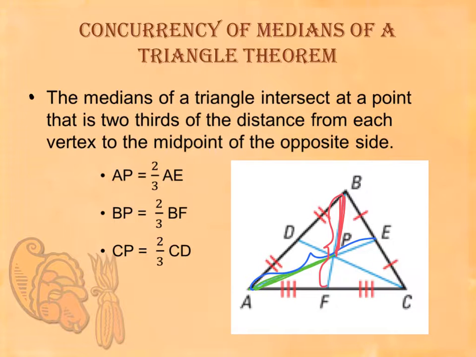And CP is 2/3 the length of the whole, which is CD. Which would mean what's true about this little segment, or this little segment, or this little segment? If the other part is 2/3, what's that part? 1/3. Does that make sense? Okay.